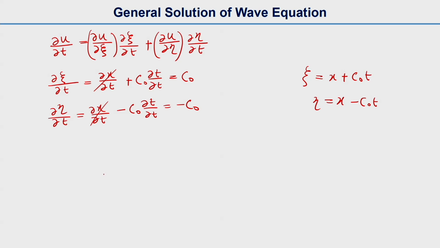So this will be 0, and then our partial of u with respect to t is c naught, minus c naught, partial with respect to the second variable, or we can write it this way.